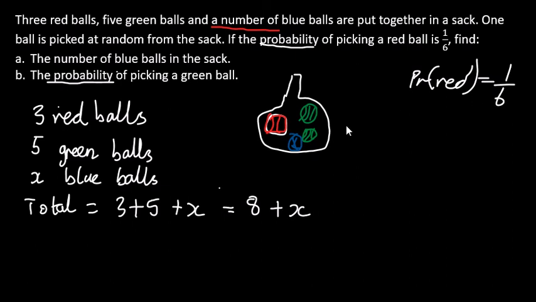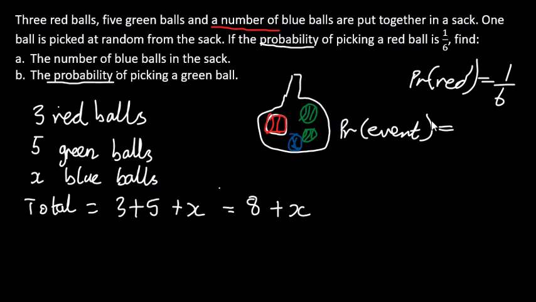Mind you, before we go on, the probability of an event occurring: an event is when we say we want to pick a ball. An event is an action that is done.